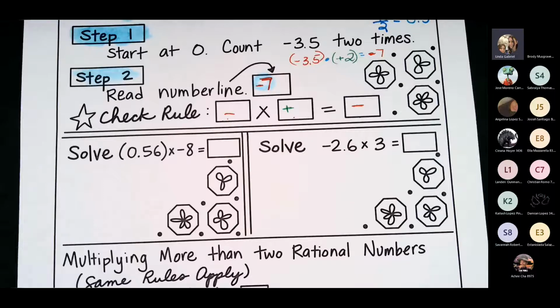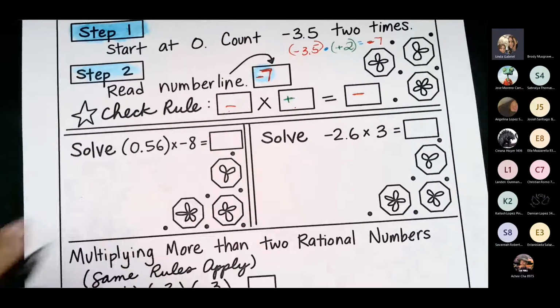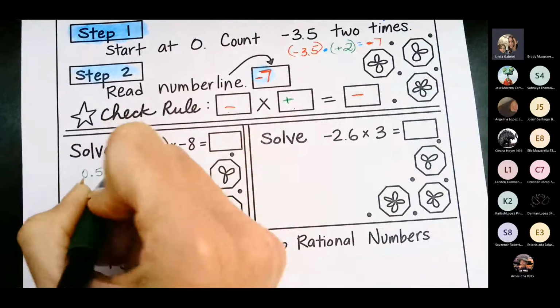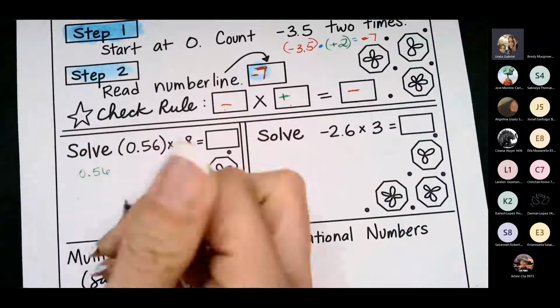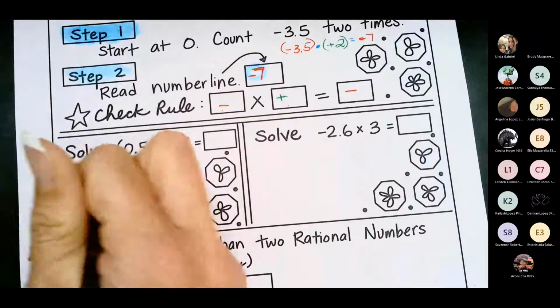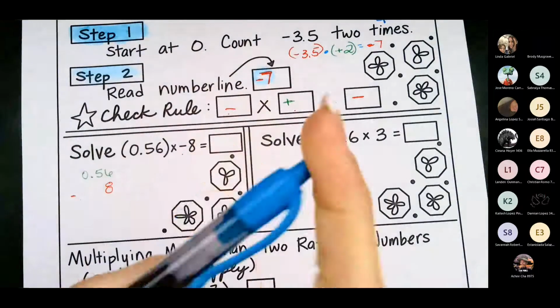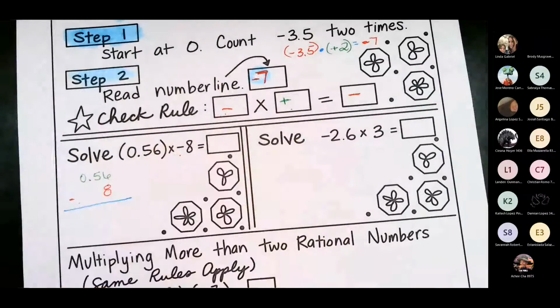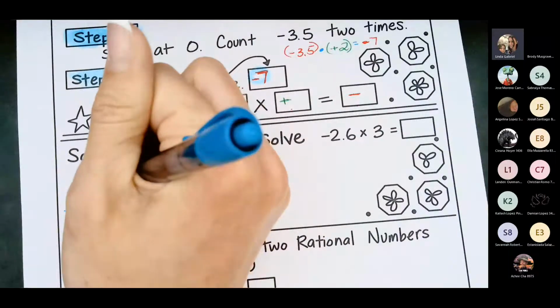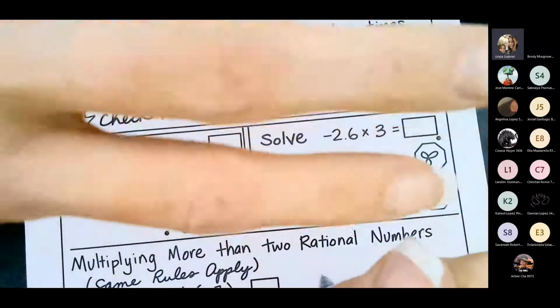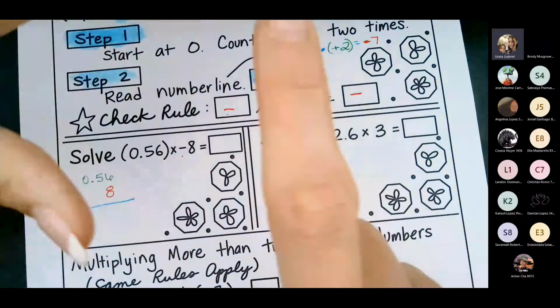All right, so now we're going to solve for positive 0.56 times negative 8. Okay, so I have 8 times 6. 8 times 6 is going to be 8, 16, 24, 32, 40, 48.